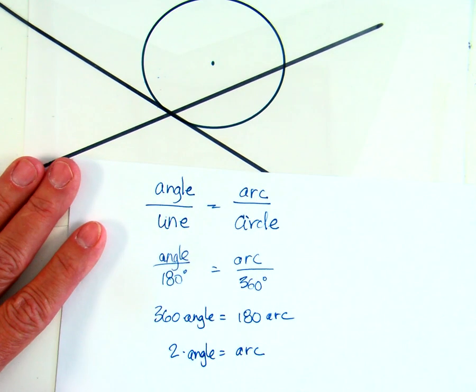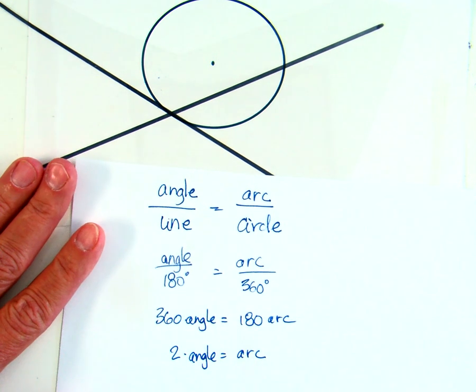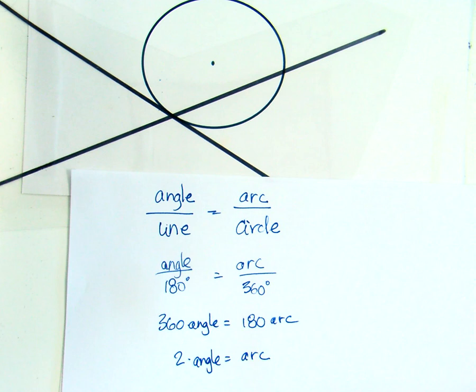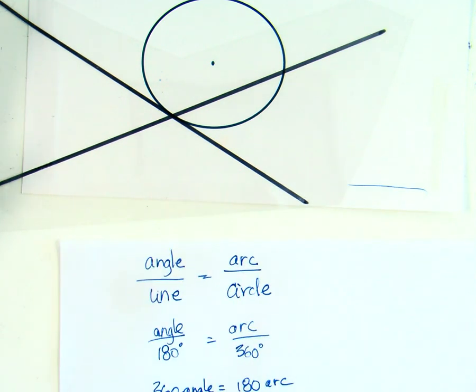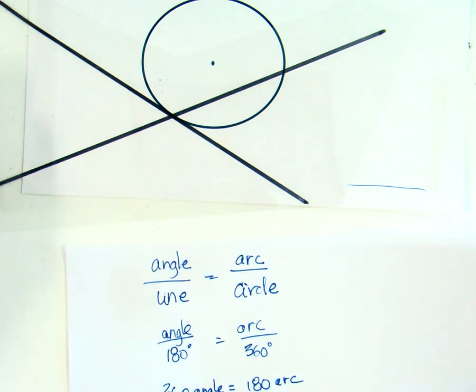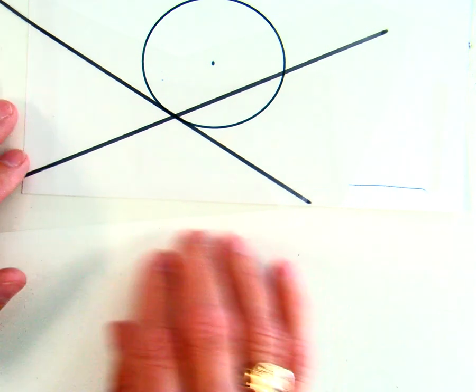So now what we can see is that when the vertex of the angle that we're talking about is inside the circle or on the circle, the arc is always going to be twice the angle. The angle measure will be half of the measure of the arc, or the arc will be twice the angle. So, what do we have here then?